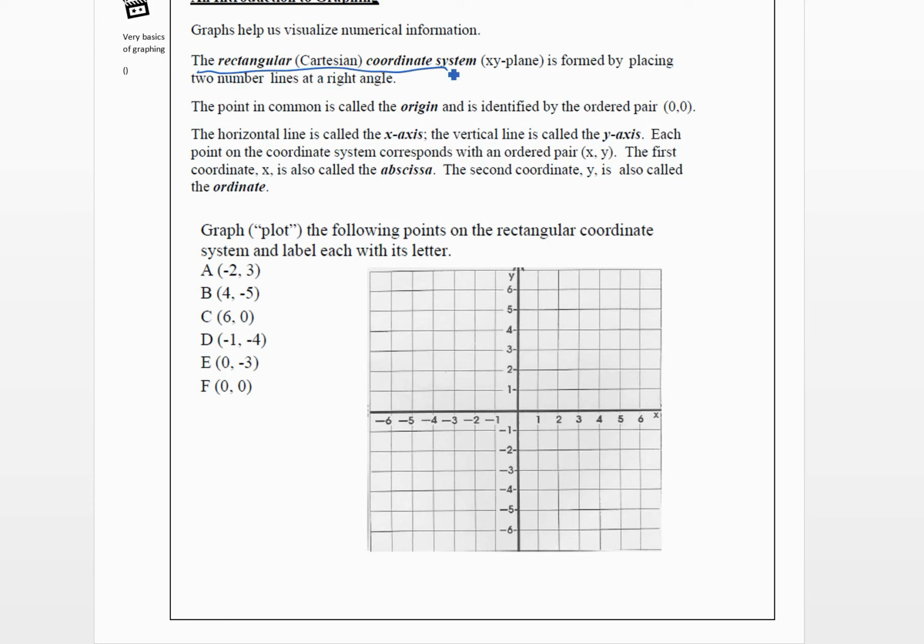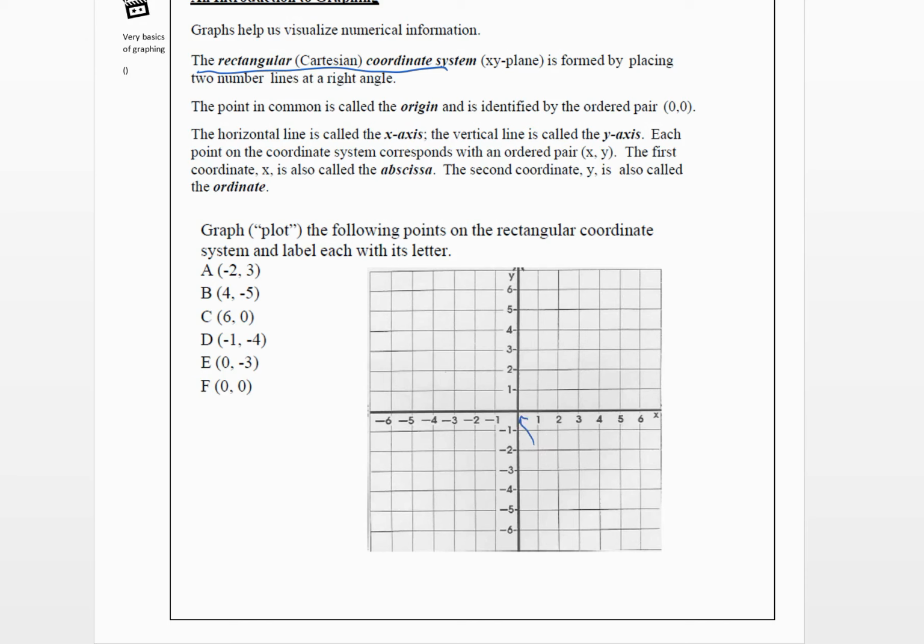The rectangular comes because if we make these grid lines, they're in little squares, which are rectangles. Overall, if you plot a point, you're really making a rectangle with the axes. So we've got two number lines, and the point that they have in common is called the origin.